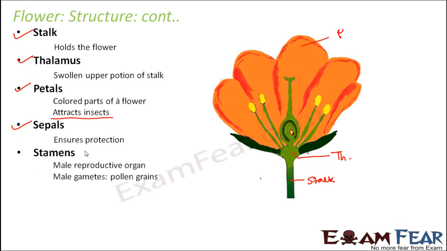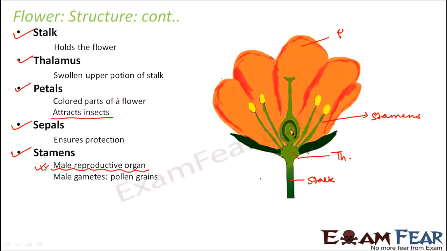The next one is stamen. Stamens are these structures. Stamens are the male reproductive organ. As I said, the flower is the reproductive part of a plant, so in a flower we have a male reproductive organ and a female reproductive organ.